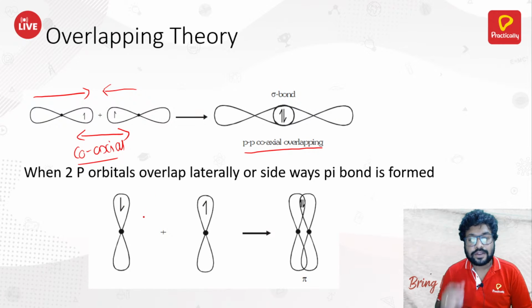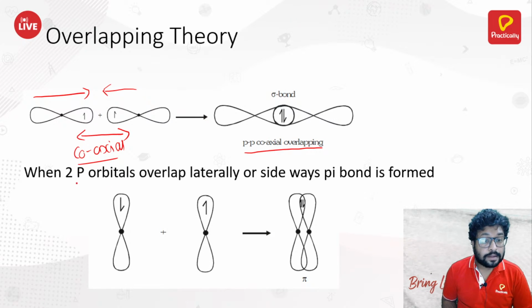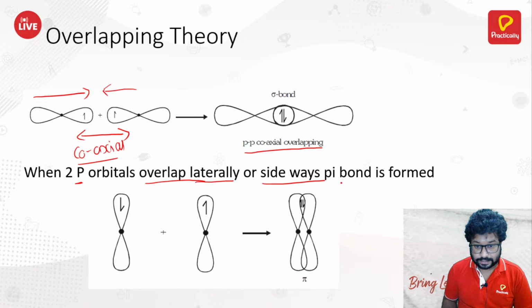Then when two p orbitals overlap laterally or sideways, the pi bond is formed. So this is how they overlap sideways. I have shown it to you earlier also, right? So this is how you form a pi bond. That is your pi bond.